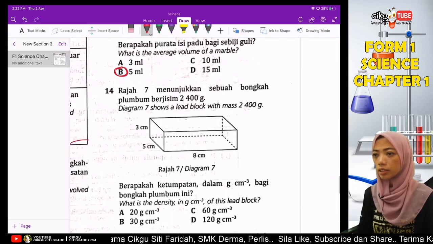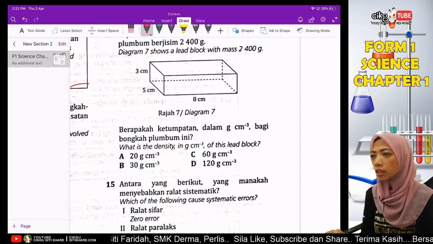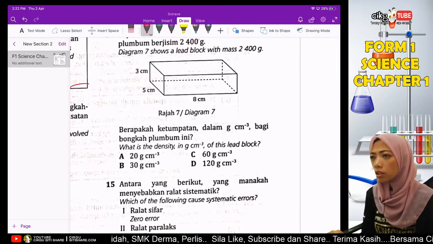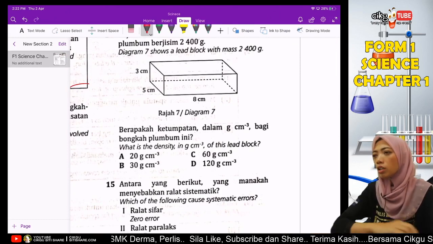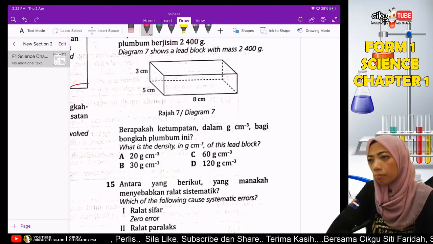Okay, next. Diagram 7 shows a lead block with mass 2,400 gram.